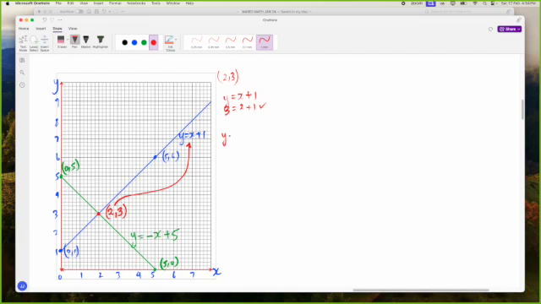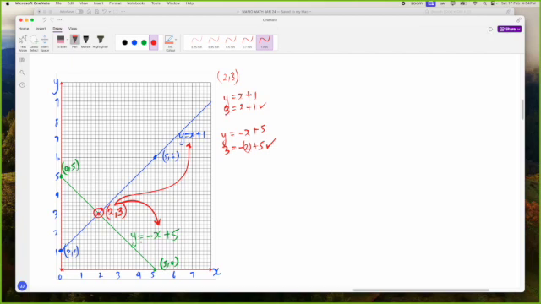And y is equal to negative x plus 5. Negative 2 plus 5, and yes, we get 3. So the point also satisfies the green equation. It is the only point in the universe that will satisfy both the blue equation and the green equation. This is the point of intersection.